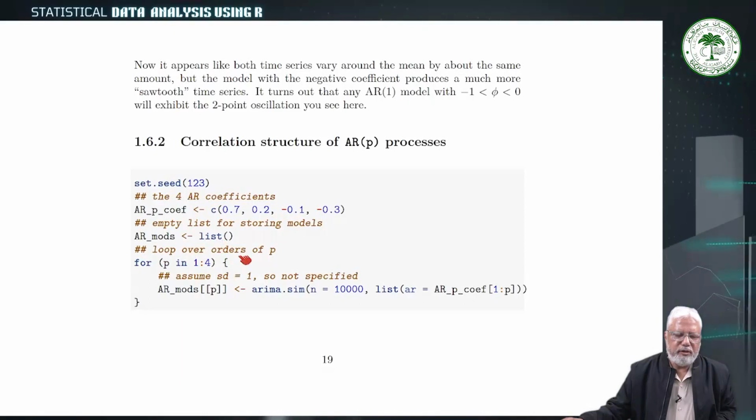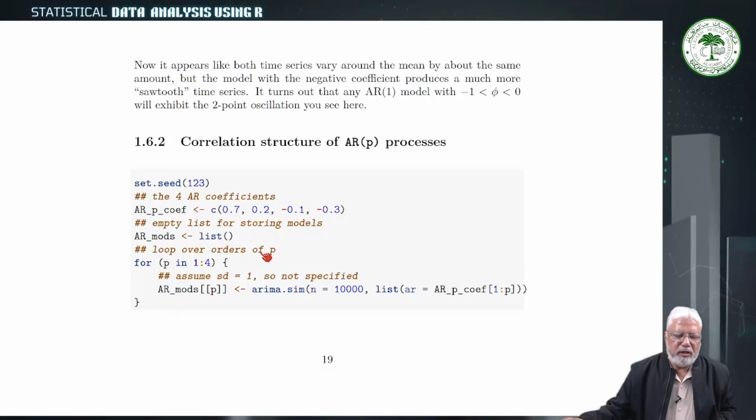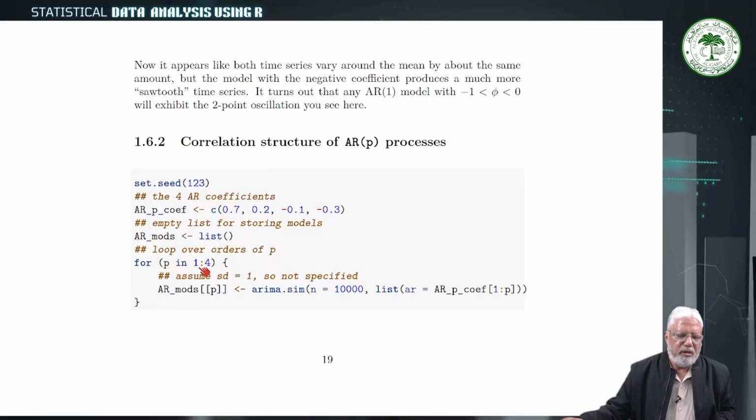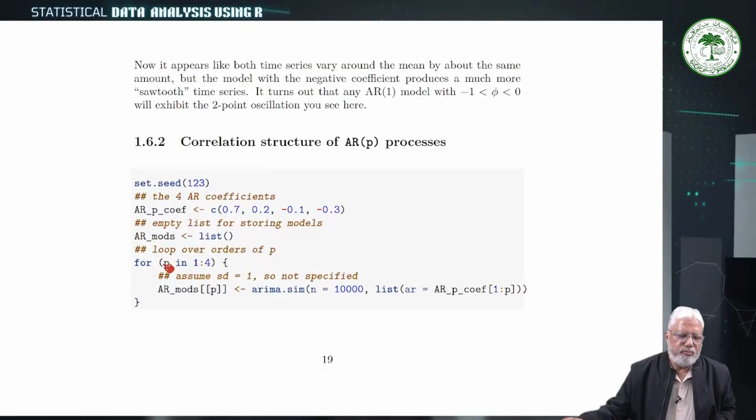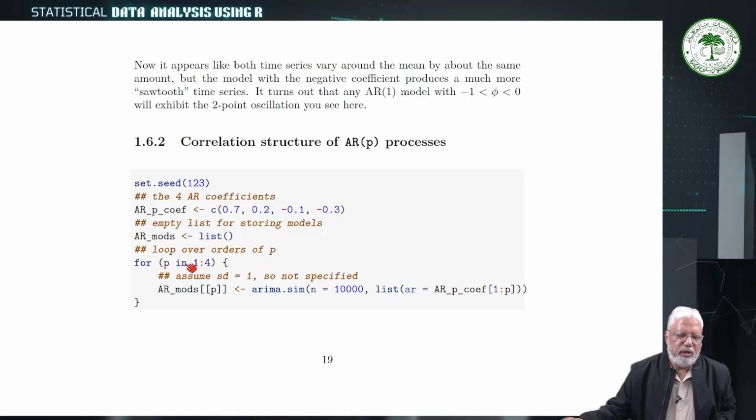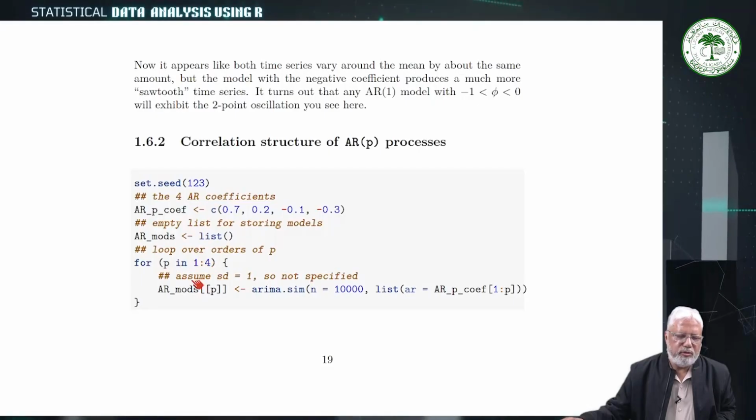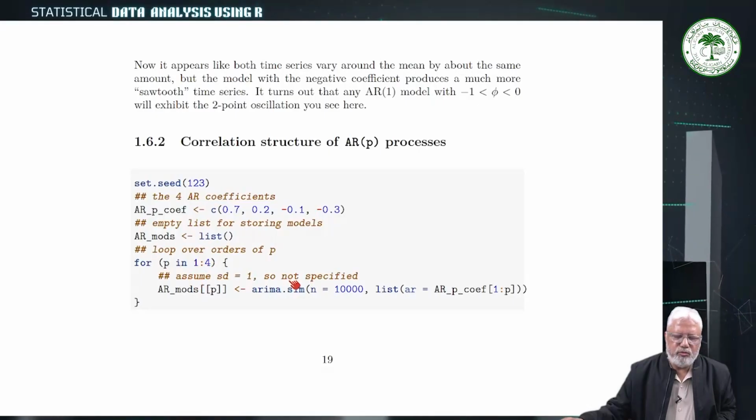Then loop over the order of p, p in 1:4. So p is equal to 1, p is equal to 2, p is equal to 3, p is equal to 4. And assume SD is equal to 1.